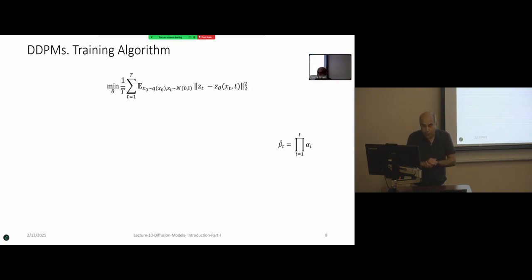And whenever you want to train a network, you have to know what the loss function is. You have learned loss functions, say cross entropy, a very simple loss function in classification.